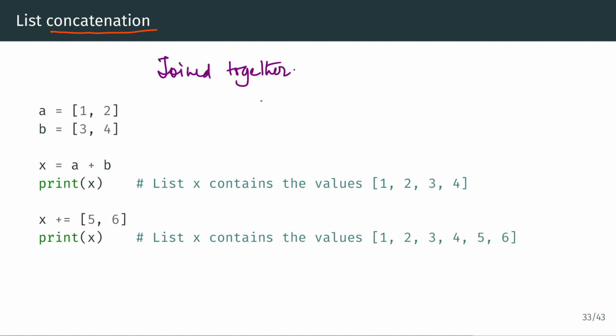You might have noticed that we use the plus symbol for concatenation, and it works similar to strings. In fact, strings and lists have a lot in common, but we'll talk about it later on. We use the plus operator to concatenate. So this is the concatenation operator.